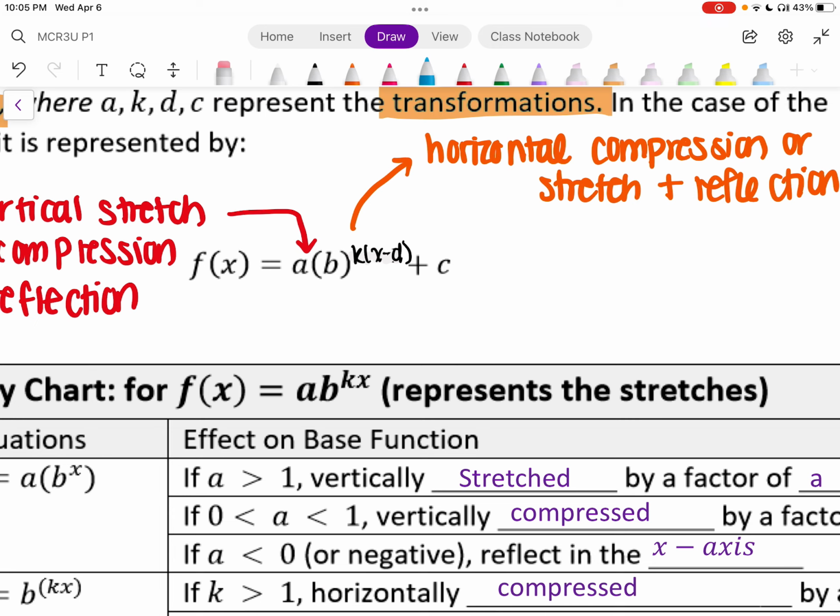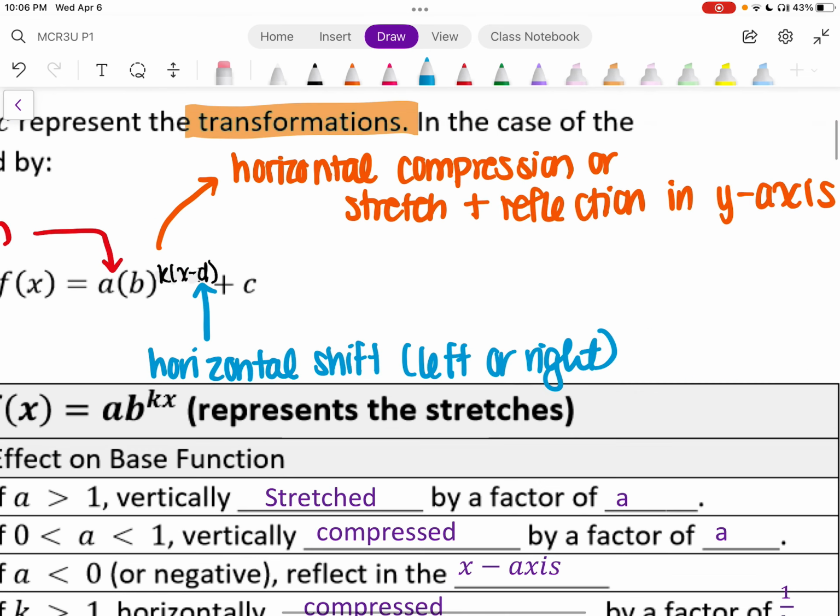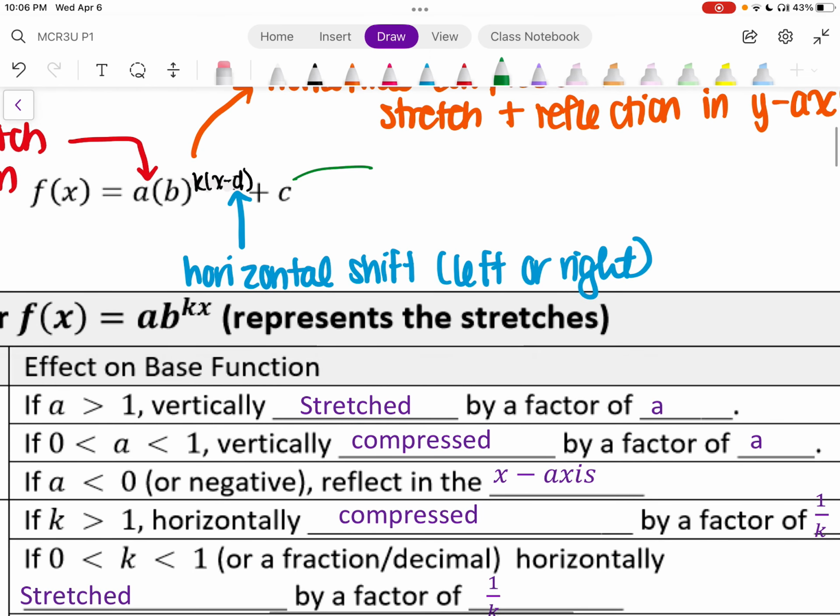And then our d value here represents the horizontal shift, so whether or not it moves left or right. And then lastly, our last value right here in green, that represents the vertical shift. So this is something a lot of people got confused on their conference. Just remember that c actually represents the vertical shift. It's always the last one, and that's up or down.